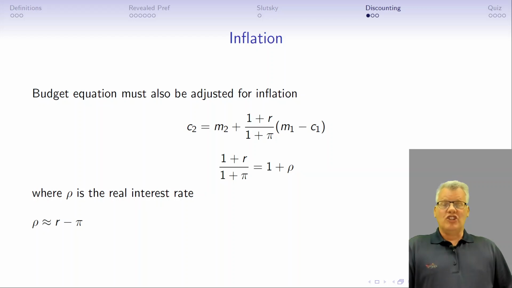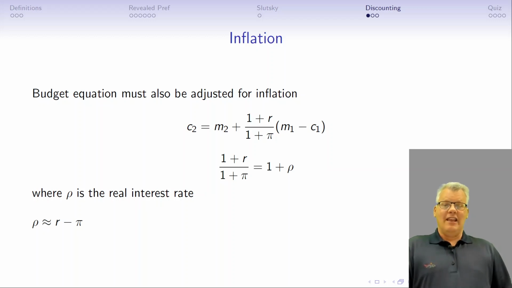If we also adjust for inflation, what we could say then is that if time period 2 nominal prices were to rise, if we were to adjust for that increase in the general price level, we should divide this by 1 plus pi, where pi is the rate of inflation.